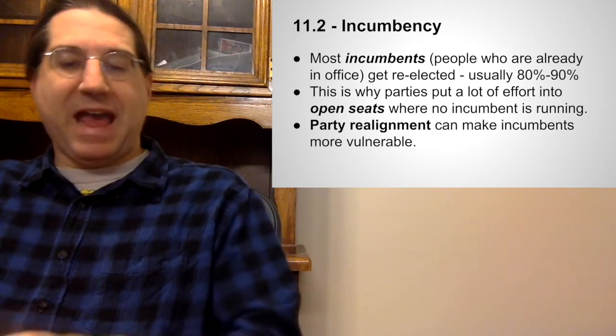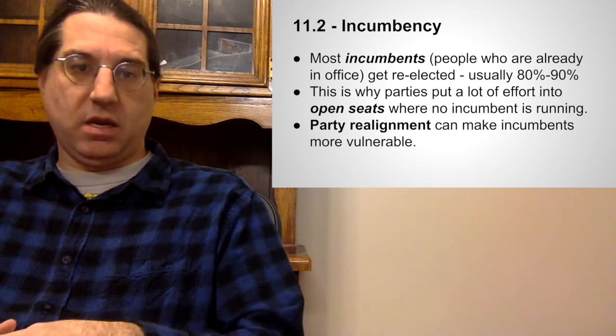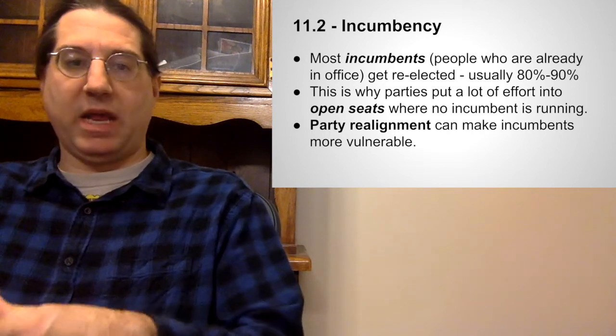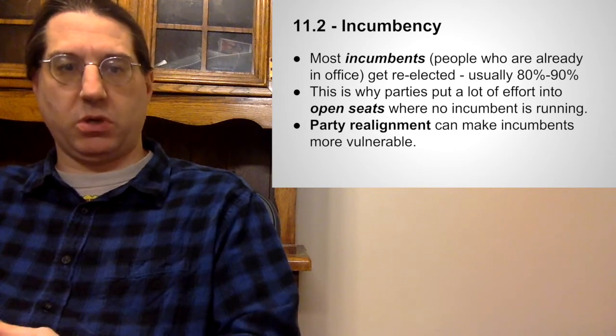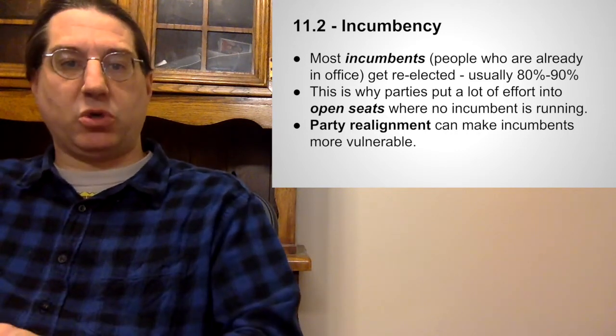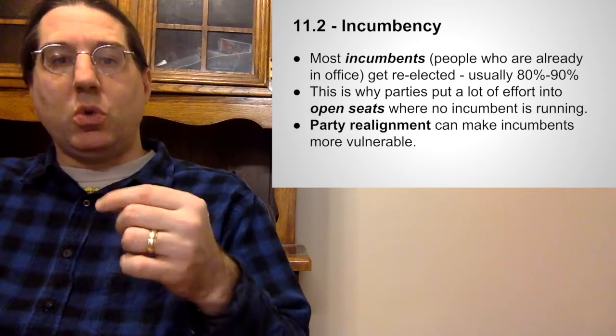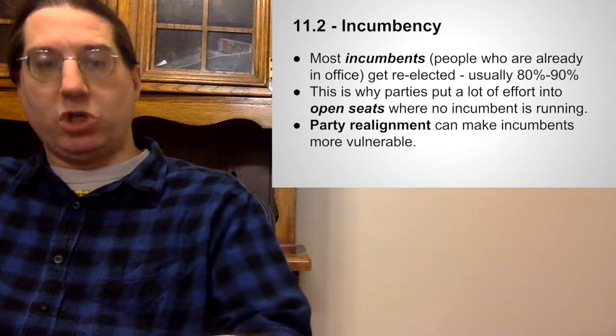That means that if you're the Democrats and you want to get control of a seat that the Republicans control, or you're a Republican who wants control of a seat that the Democrats control, it's going to be very hard, not impossible, but hard to defeat somebody who's already in the job.